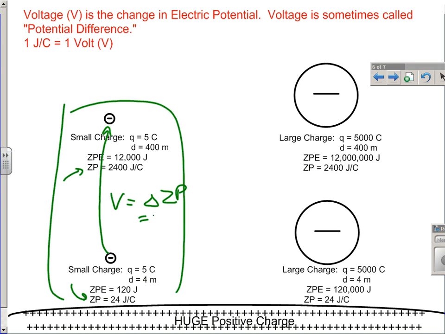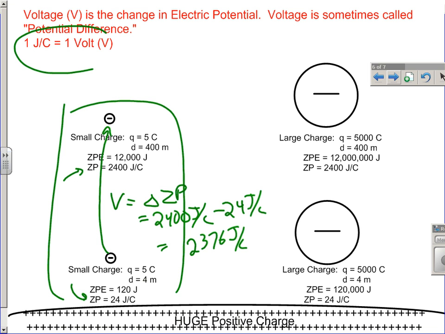So it would be the 2,400 joules per coulomb that you end up with minus the 24 joules per coulomb that you started with. That gives you 2,376 joules per coulomb. And notice, the definition of a volt is a joule per coulomb. So this is 2,376 joules per coulomb, or 2,376 volts.